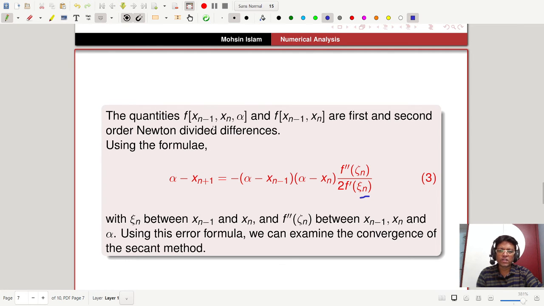This is a third order divided difference, so you have a second order derivative, a second order divided difference, and a first order derivative. Using this error formula, we can examine the convergence of the secant method. This error formula is very helpful in finding the convergence of the secant method.